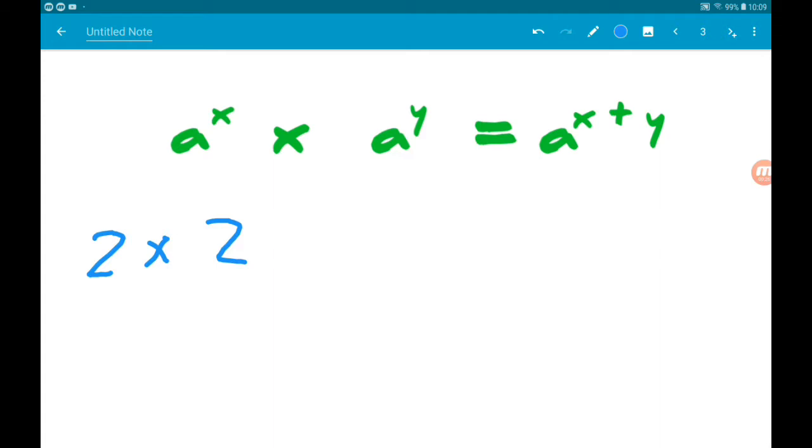Remember, a number written without a power is really that number to the power of 1. 2 times 2 then is 2 to the 1 times 2 to the 1. Now by the rule, we add the powers, so we get 2 to the 1 add 1, which gives us 2 squared.